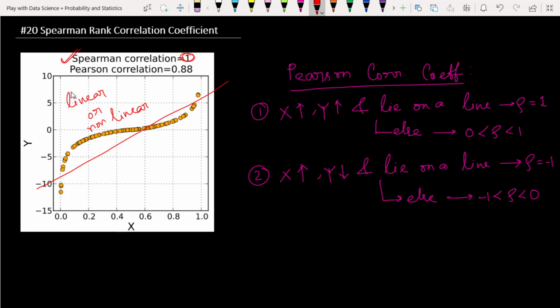For this advantage, we need to learn it. This is the best correlation coefficient. From Pearson to Spearman, this is the advantage: it may be linear or non-linear.